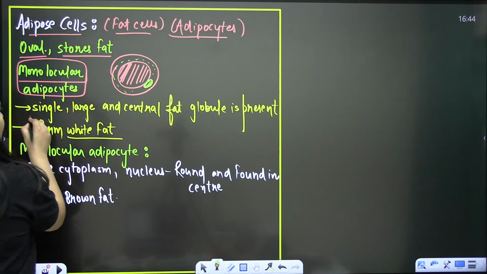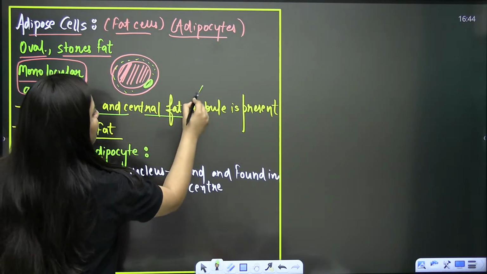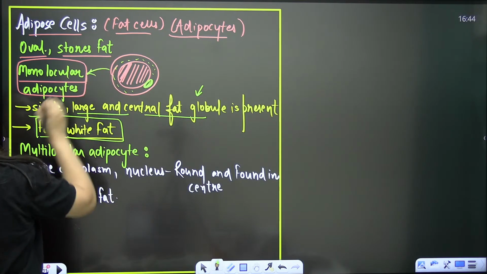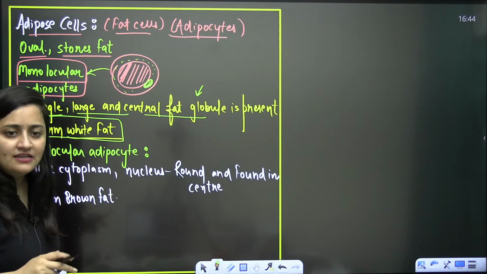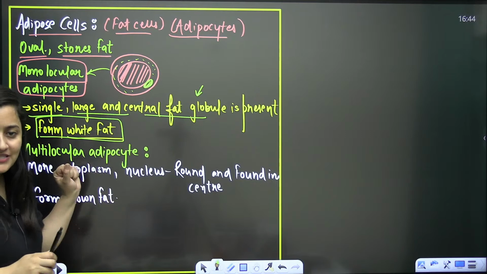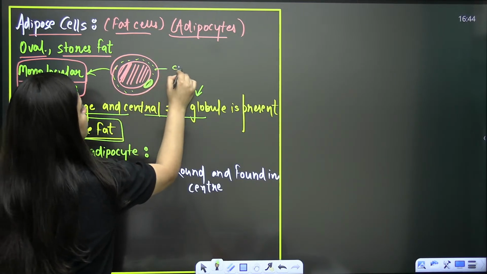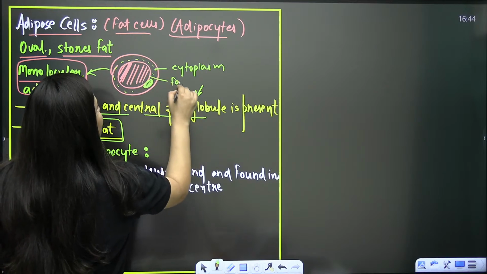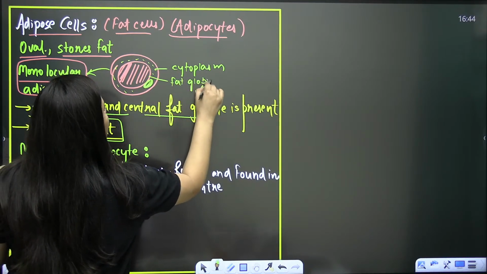So if only a single, large, central fat globule is there, such a cell is going to be a monolocular fat cell, and here the amount of cytoplasm will be less, because the fat globule is quite enlarged, isn't it?